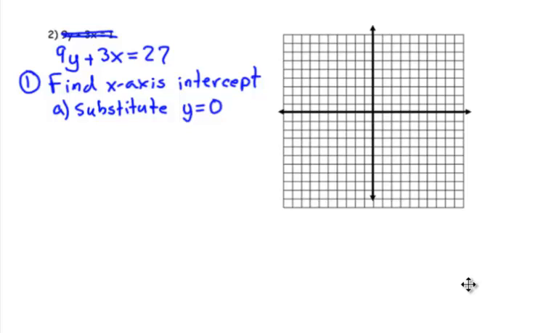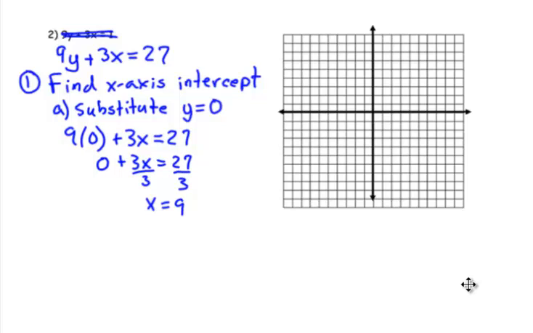So in our equation, wherever you have a y, put a 0. 9 times 0 is 0, plus 3x equals 27. Divide by 3, and x equals 9. So that means that we have as our x-axis intercept the point (9, 0).